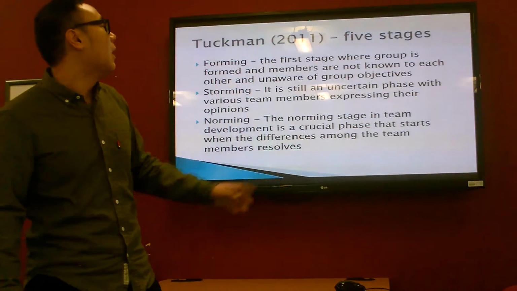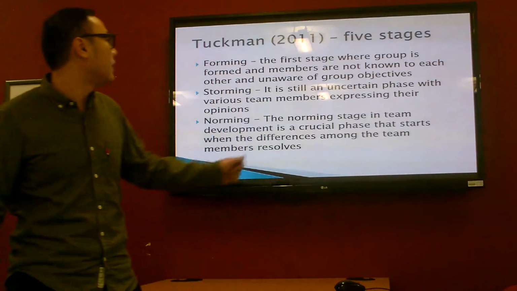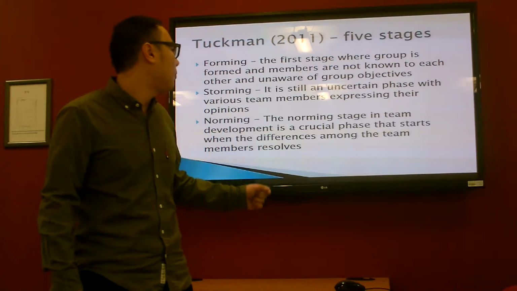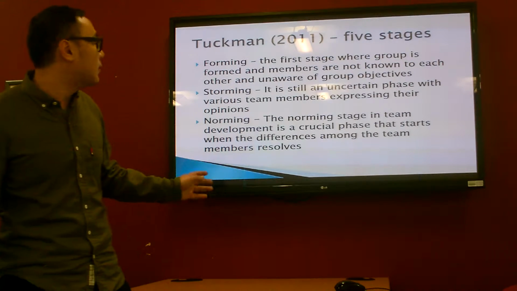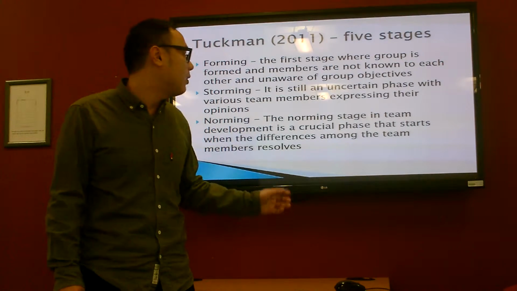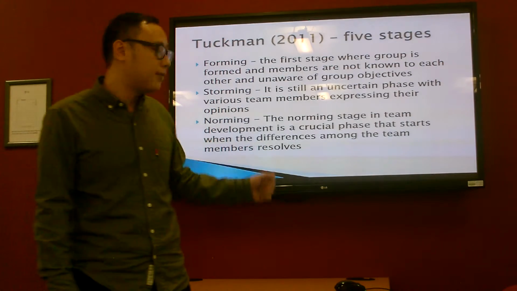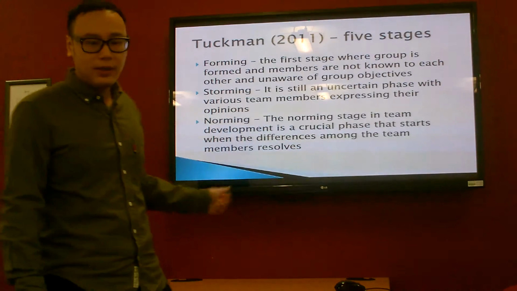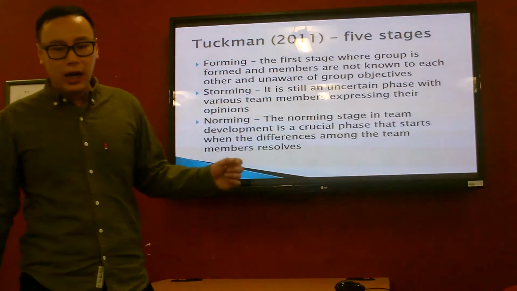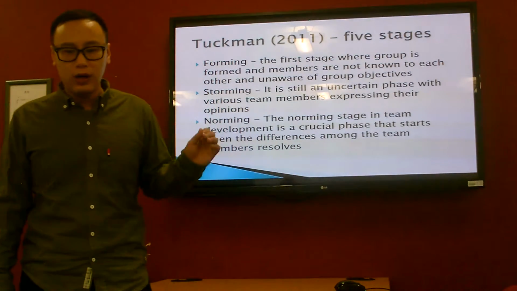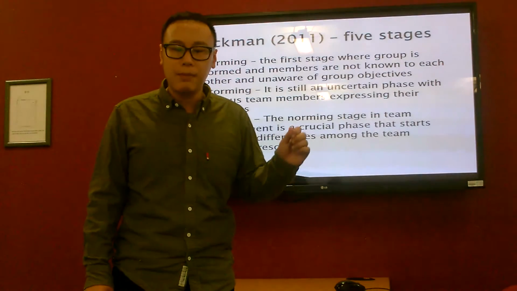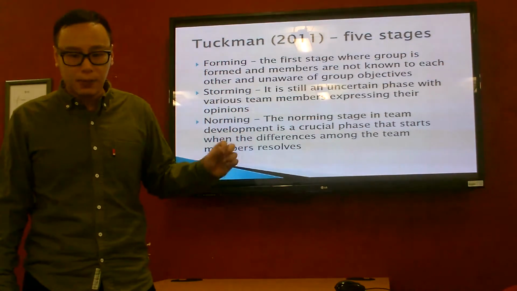First, forming, the first stage where the group is formed and the members are not known to each other and are unaware of the group objective. Second, storming, is still uncertain, with various team members expressing their opinions.